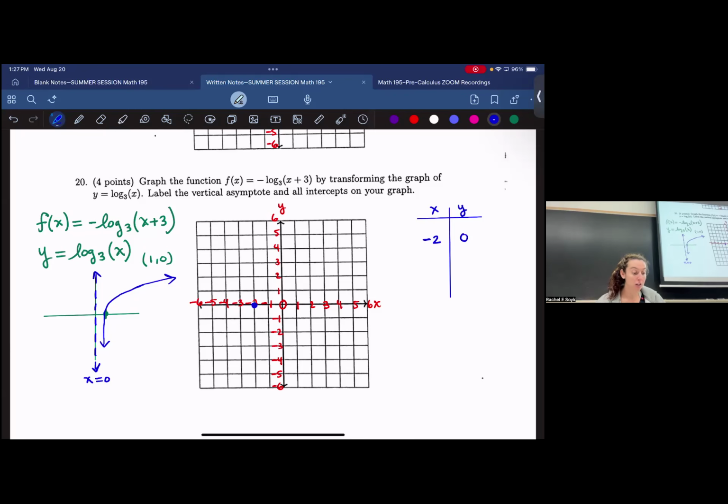And then I think you're starting to realize, all right, this +3 ends up moving what? Yeah, and more specifically, what does it tell us about our vertical asymptote? Our vertical asymptote is at x is equal to, yeah, exactly.